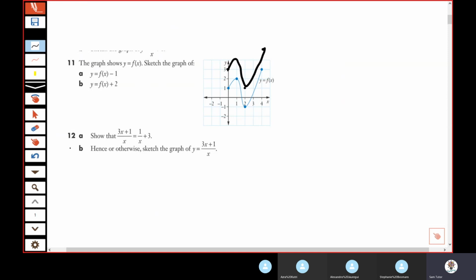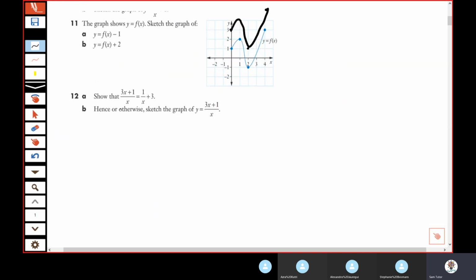Easy stuff. Question 12. Show that (3x plus 1) on x equals 1 on x plus 3. Anyone have any ideas of how to do that for A? You can separate the fraction. Perfect. Well done, Alec.